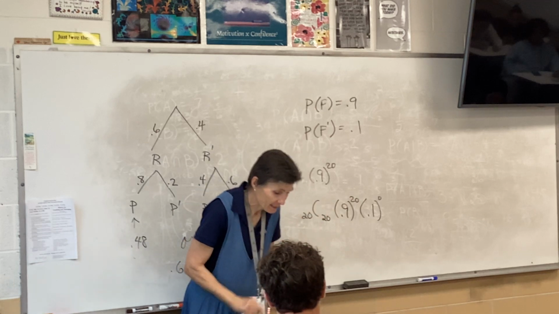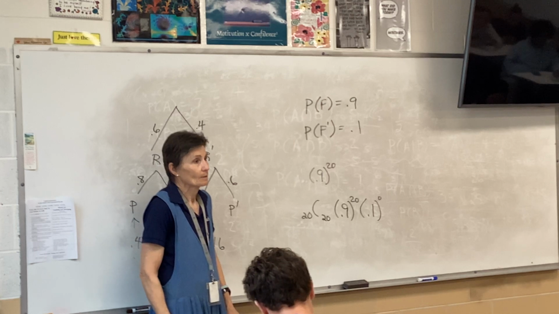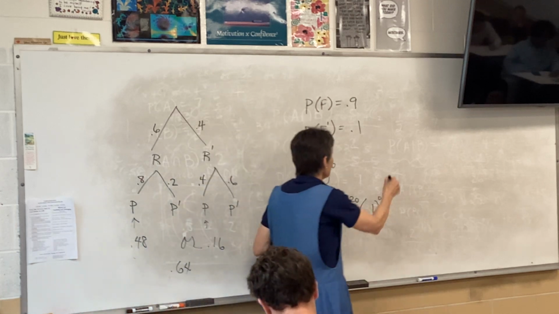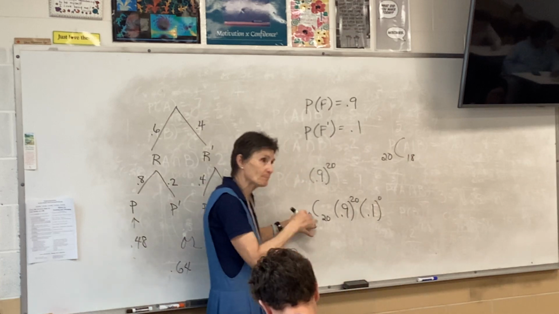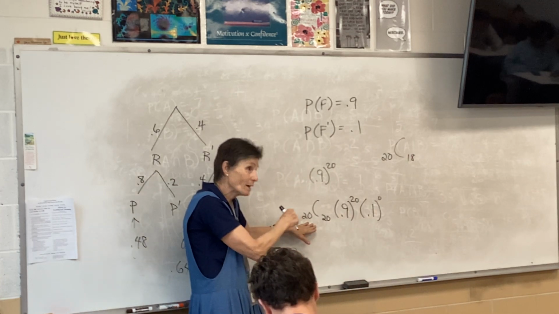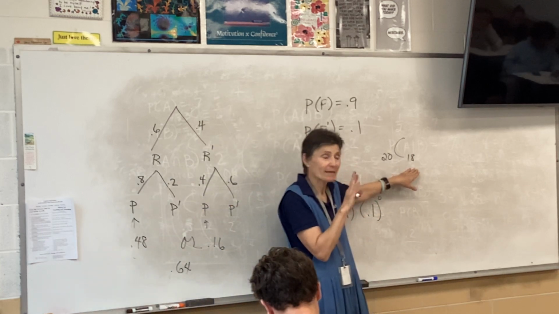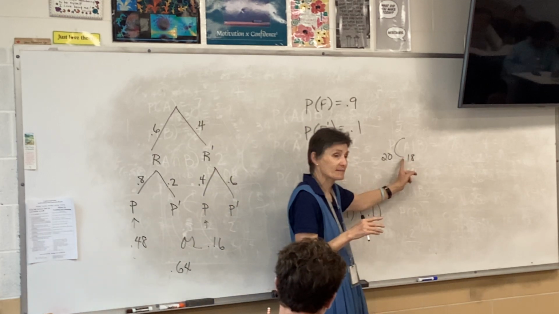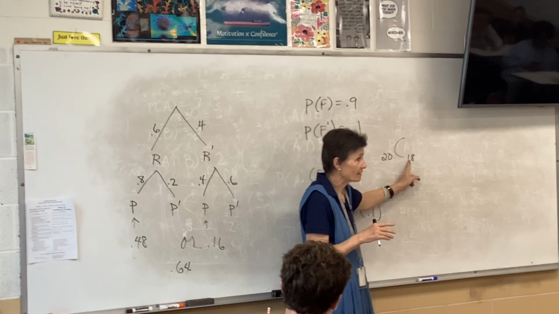What is the probability I'll get exactly 18? That's gonna be 20C18. This is how many I'm trying. I'm trying 20 times. I'm gonna make 18 of them. Do I care which 18? That's why it's a C. 20, let's take an 18.